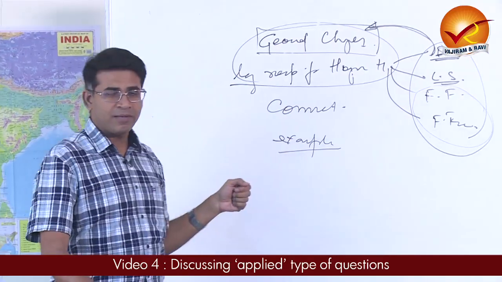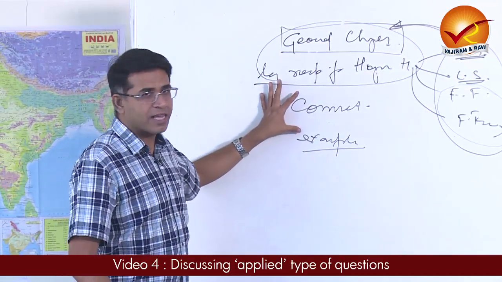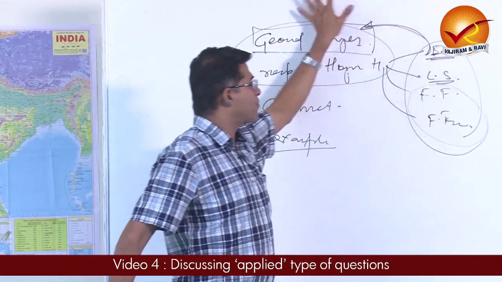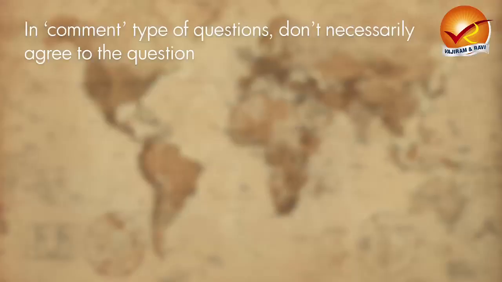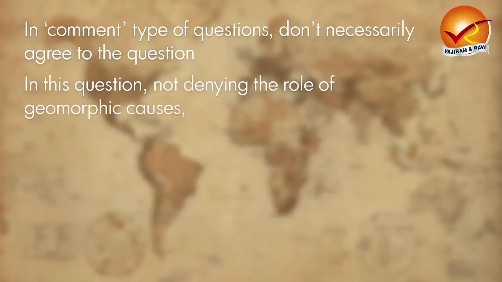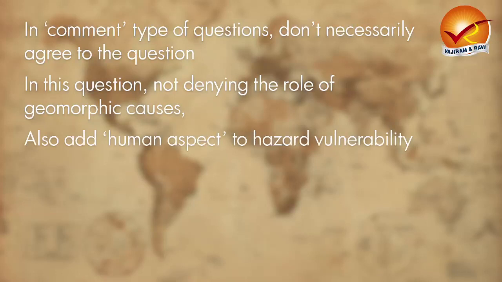And in the answer, please do not say and agree that yes, all the problems are because of geomorphological changes, because the question asks comment. So you can actually say that the Himalayan hazards and the disasters we have, yes, the geomorphological aspects make the Himalayan region more susceptible to problems, but a lot of problems we have because of human aspects.